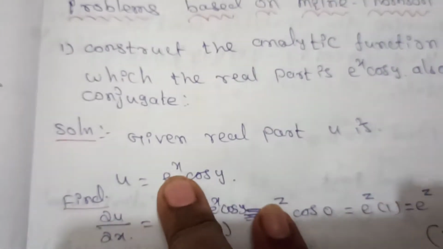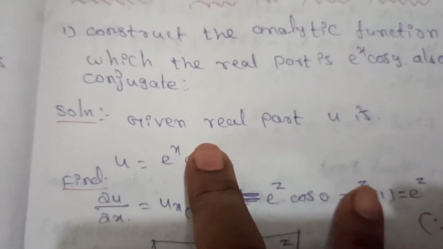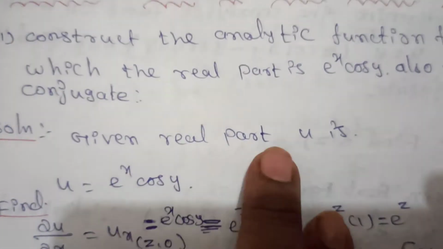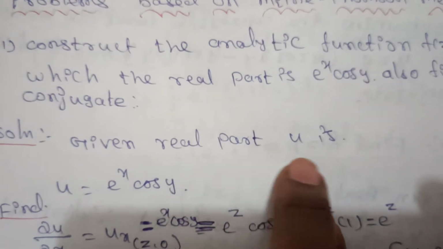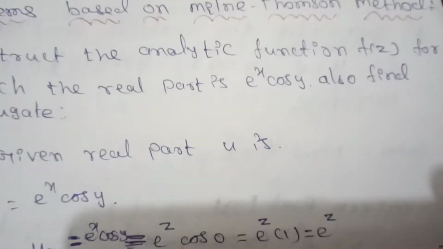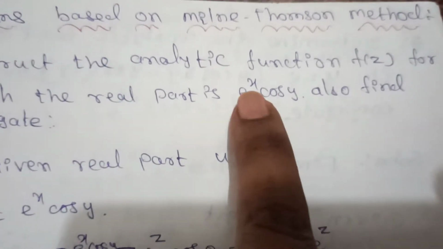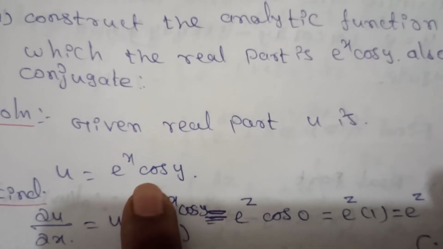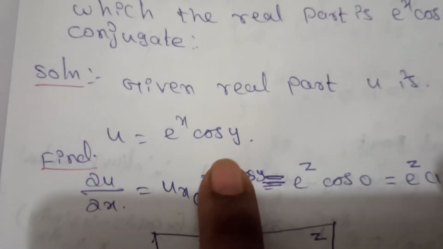First find f of z. The real part u is given, so take u equal to e power of x into cos y.